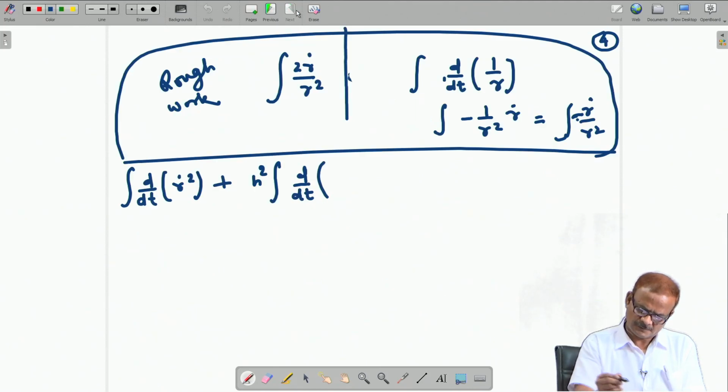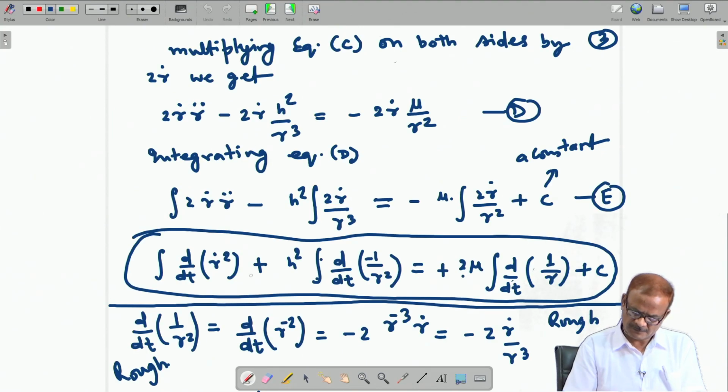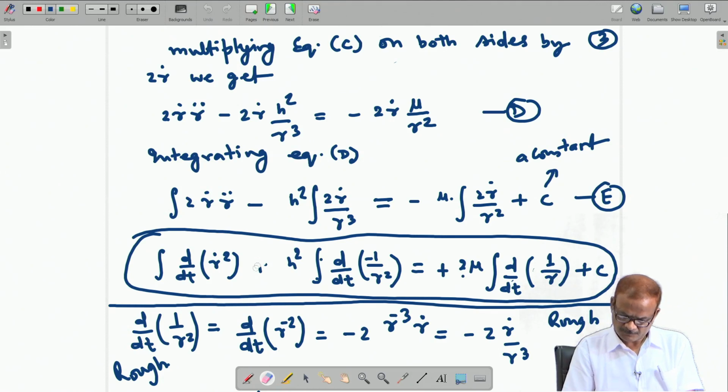So, here we have done the mistake, just the minus sign. See, once we are absorbing the minus sign here, okay.